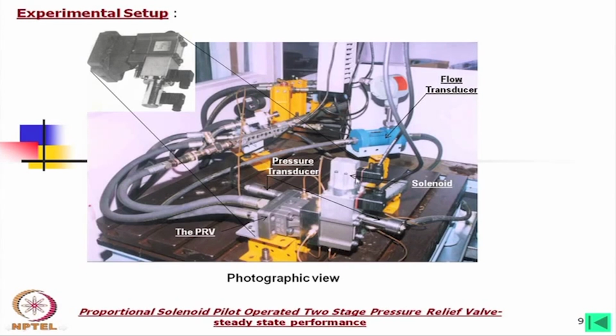This is the solenoid we have shown, LVDT and solenoid is here, and pressure transducers, one is here, another is here, probably another is here. So, everywhere we put a pressure transducer. And here on the drain line, we put a flow transducer. This is a turbine type flow transducer, as far as I remember.